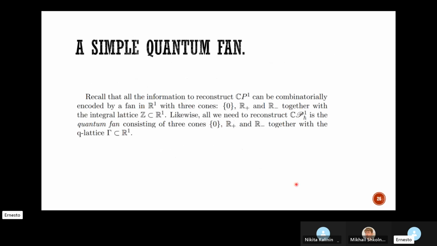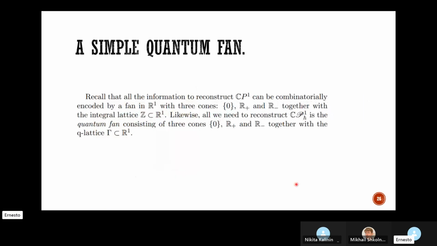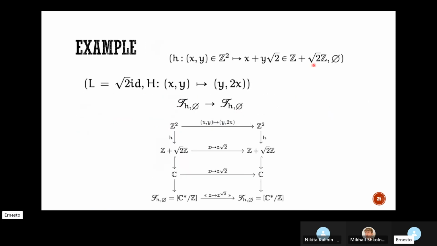Well, obviously, the simplest quantum fan is in dimension 1, and if I put here h rather than square root of 2, notice that here I wrote h rather than square root of 2, because this was h. But h was completely determined in this case by this square root of 2.